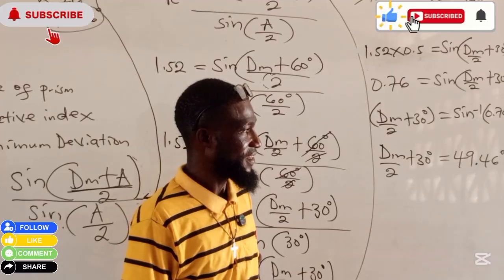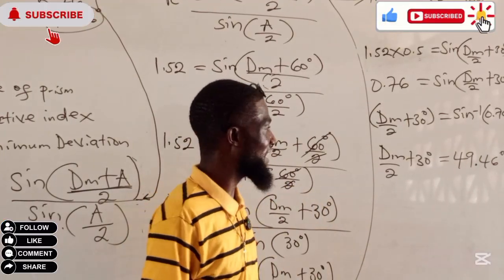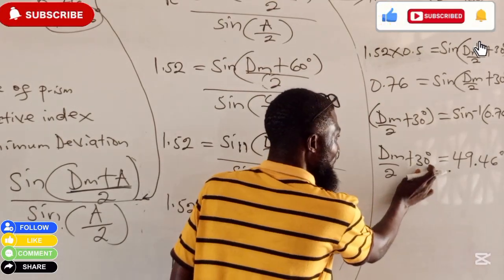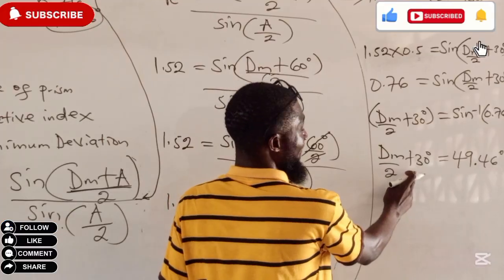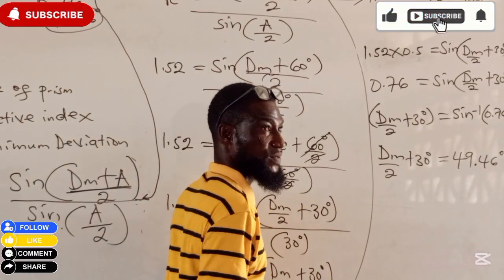On this note, ladies and gentlemen, I remember the refraction first law states that the incident ray, the refracted ray, and the normal at the point of incidence all lie in the same plane. On this note, ladies and gentlemen, our 30 degrees is positive, and when going across, automatically it becomes negative.